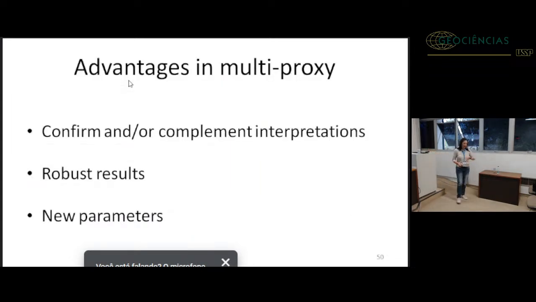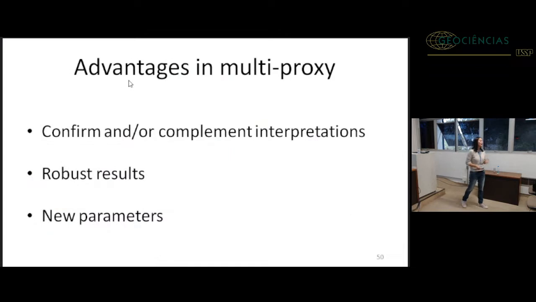So, I was very brief. Let's go to the final message for you. We already talked about advantages and multi-proxies. So we are finding a confirmation or a complement of our interpretation when we are using our stalagmites by using multi-proxies.